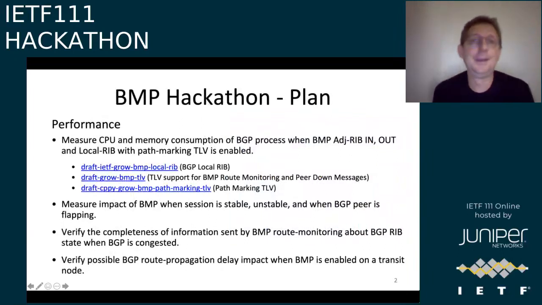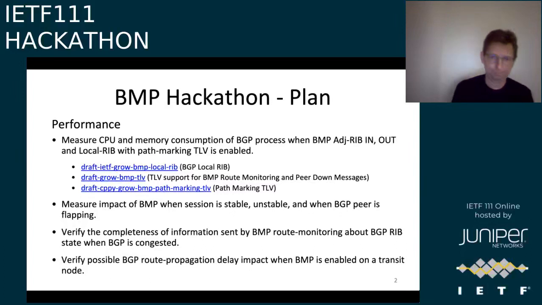Great, thanks a lot. So this time we were focusing solely on testing the performance on BMP, the impact the BGP monitoring protocol has on BGP and on CPU and memory usage on the route processors. There, especially in context of BMP adjacency RIB in, out, and the local RIB with path marking and traditional TLVs.